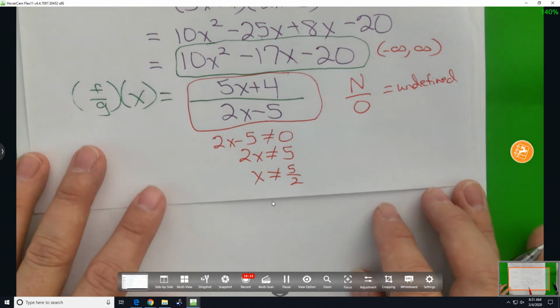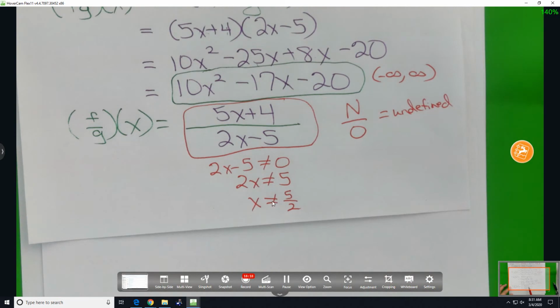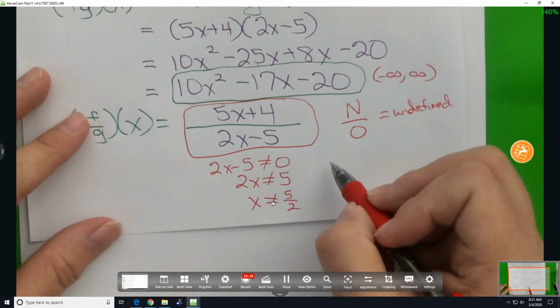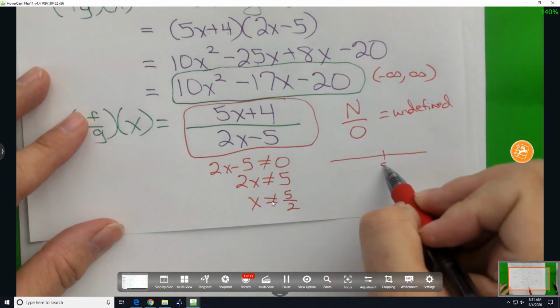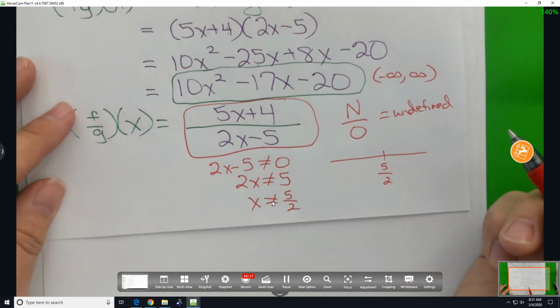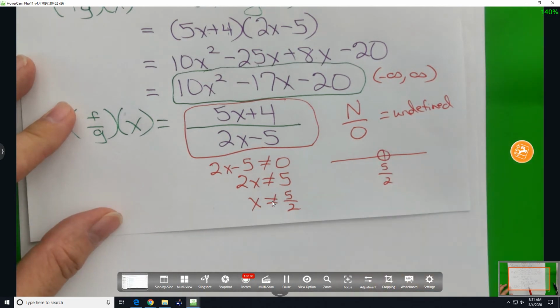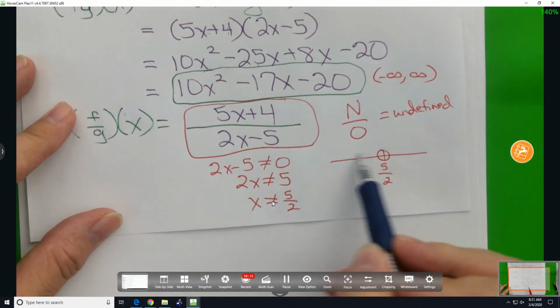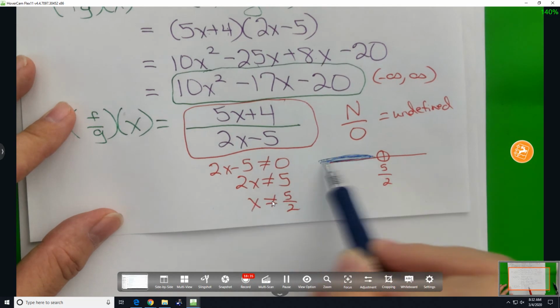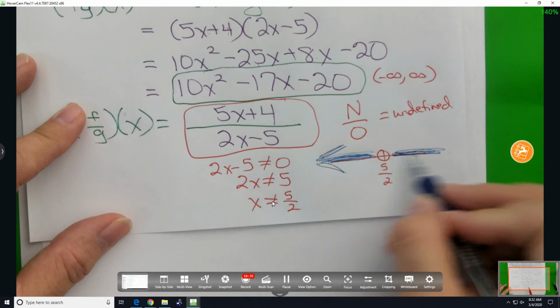How do we say that using interval notation? What did you have them do, Tony? Would you have them just draw the number line? Okay, so there's 5 over 2. What means not including, open or closed circle? Open circle, but it can be anything else, so shaded over here and shaded over here.